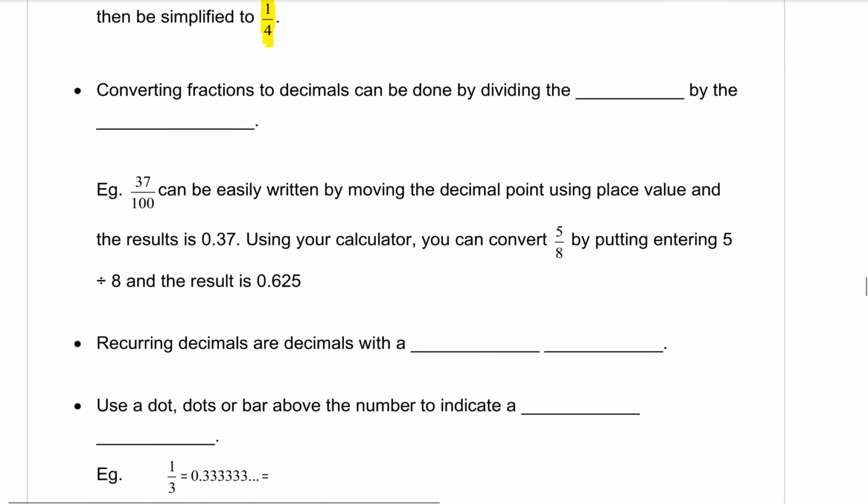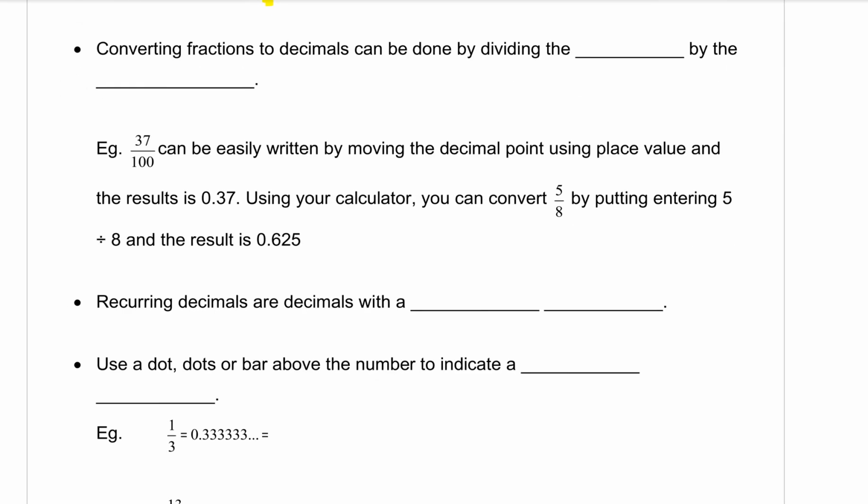Converting fractions to decimals can be done by dividing the numerator by the denominator. So for example, 37 over 100 can easily be written by moving the decimal point using place value.